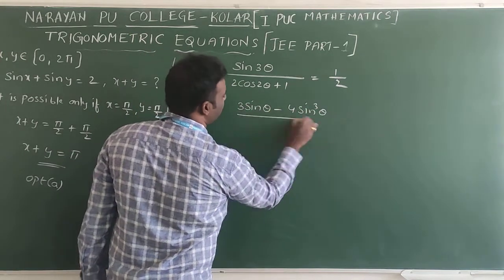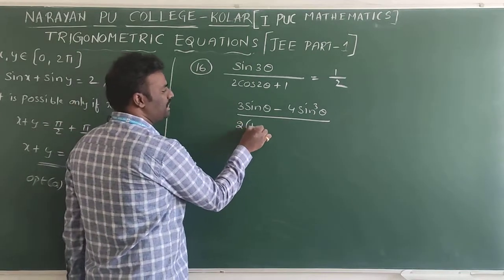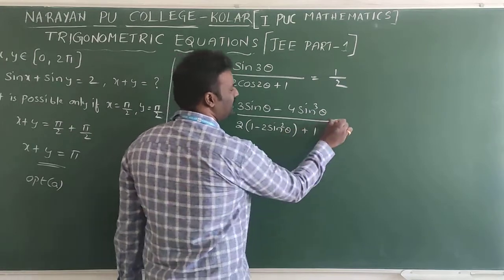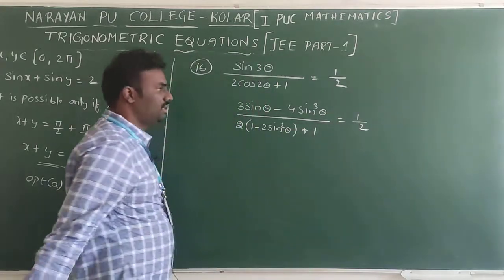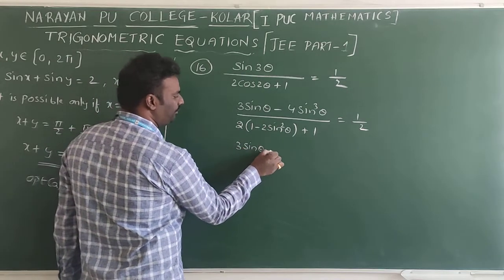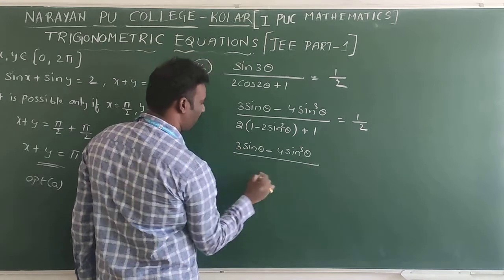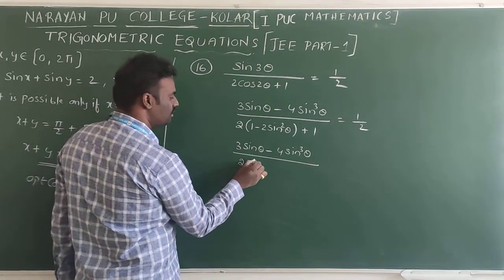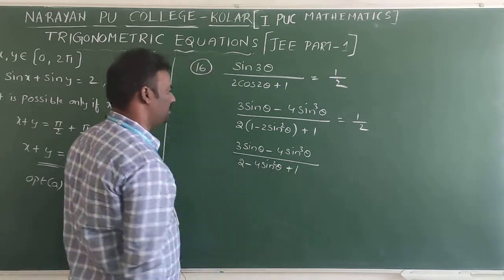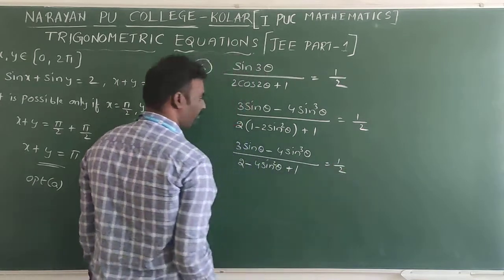I am converting the entire equation in terms of sin. That's why cos 2 theta can be written as 1 minus 2 sin square theta, plus 1, that equals 1 by 2. Now simplify: 3 sin theta minus 4 sin cube theta by 2 minus 4 sin square theta plus 1 equals 1 by 2.